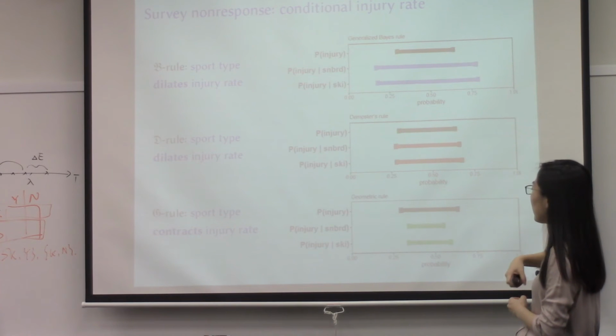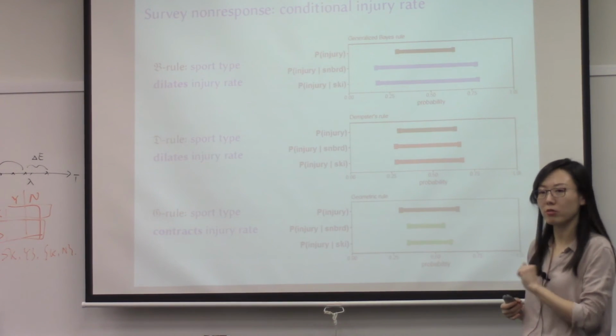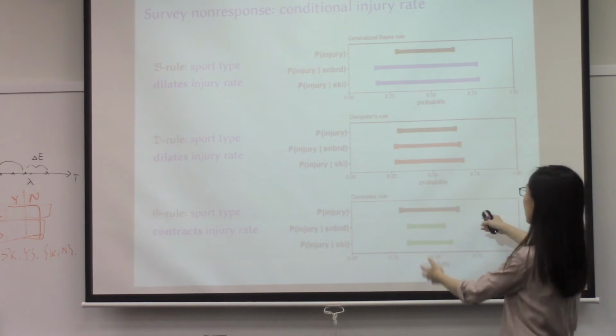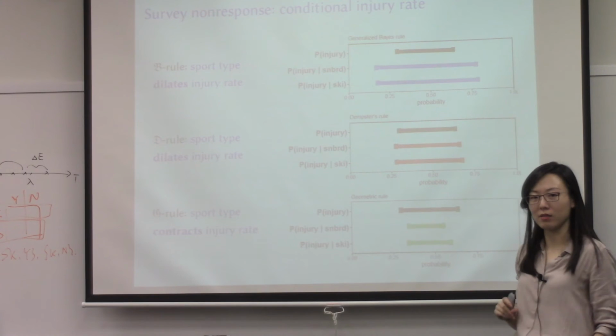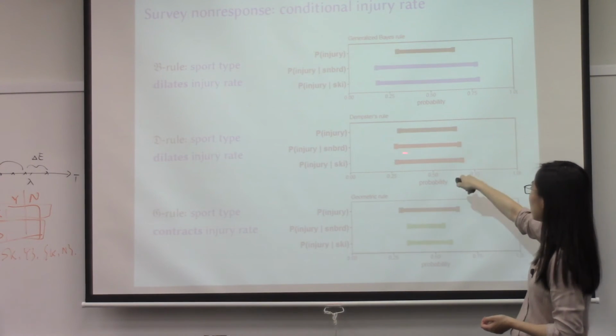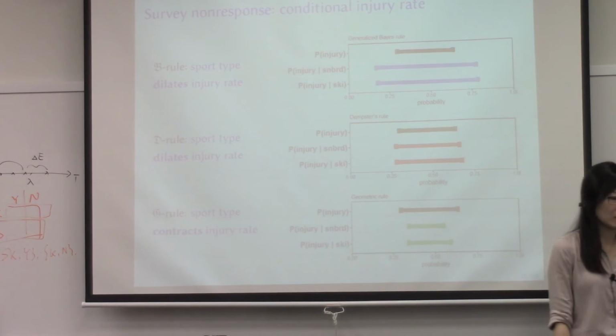And in this particular case, the geometric rule contracts. But I could also set up the numbers differently so that this one would dilate, this one would contract, where that one dilates also, and so on. But either way, these intervals are going definitely to be wider than the other ones. That's as expected.